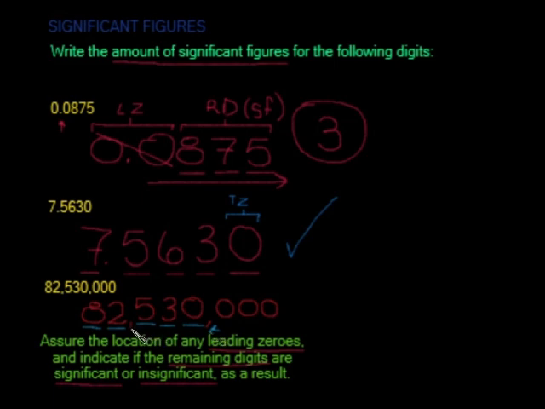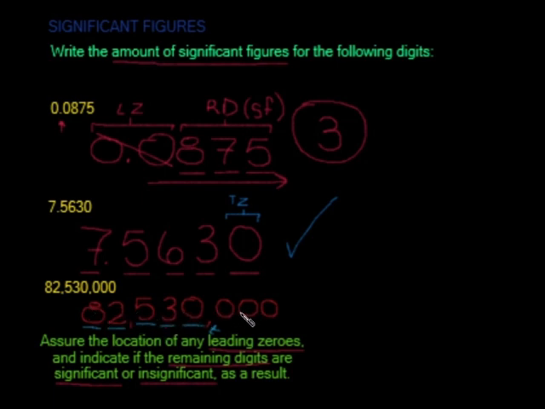If it were that comma, that would be insignificant. So I want to look at this comma and indicate if these 5 are significant or insignificant. In this case, 82,530 is significant. I'll say that again: significant, since those are the 5 significant figures.